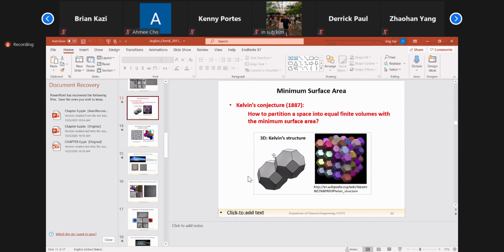But first of all, you have to come up with a structure that may be better than Kelvin or Weaire-Phelan. Then you tell the Surface Evolver software, and it will eventually calculate the exact surface energy or surface area for you. Got it. Okay. So you can calculate the surface area, no problem, but you couldn't ask it to find the definitive minimum one. No.